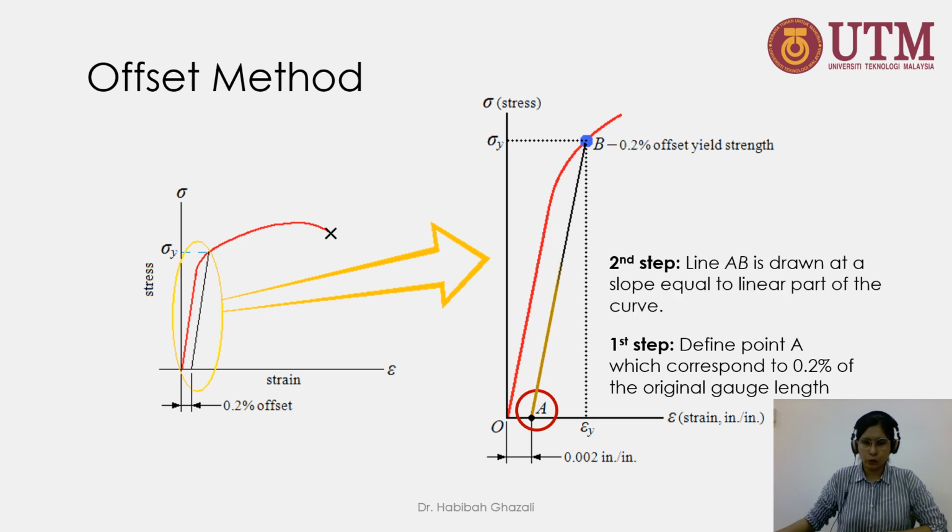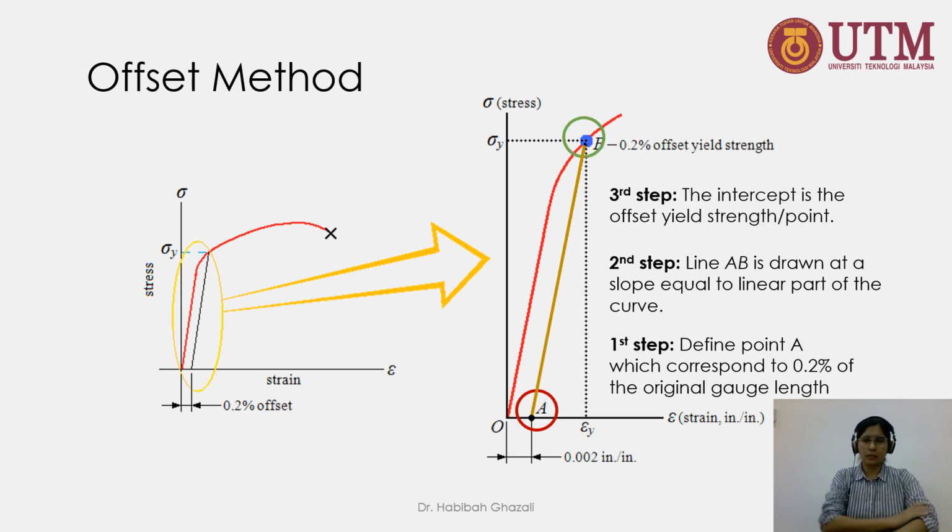Then I draw the line AB equal to the slope of the linear path here, and the intercept of this line with the stress strain curve is what we call the offset yield strength. So the yield strength of that material is there. Now, using the stress strain curve, you can define the yield strength of these materials.